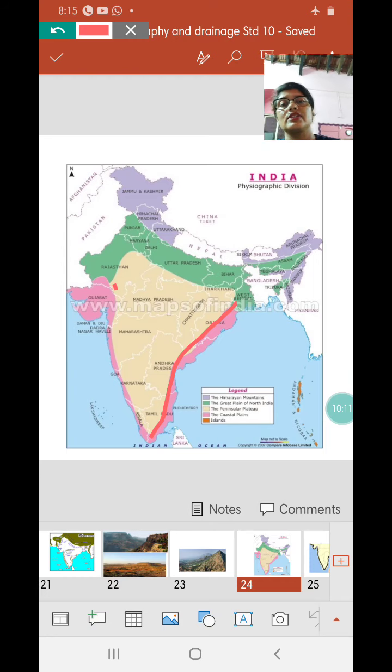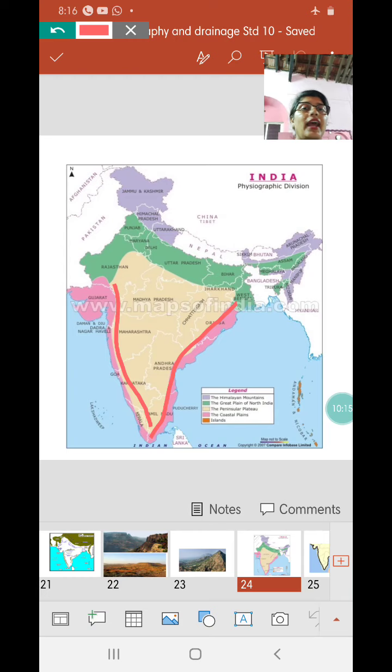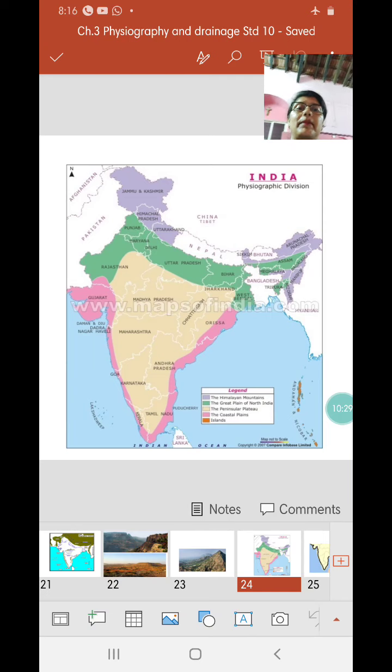And to the west of the Western Ghats, you have the western coastal plains. We will also study these plains in comparison, because normally we need to understand the comparative account of these physiographic divisions. So we will study a comparative account of the eastern and the western coastal plain.